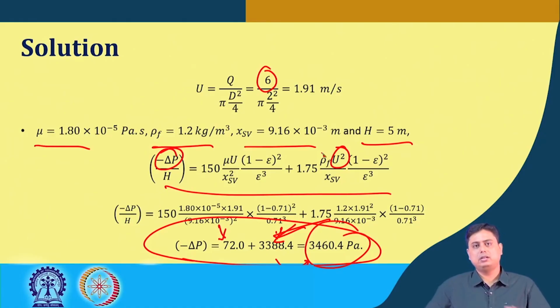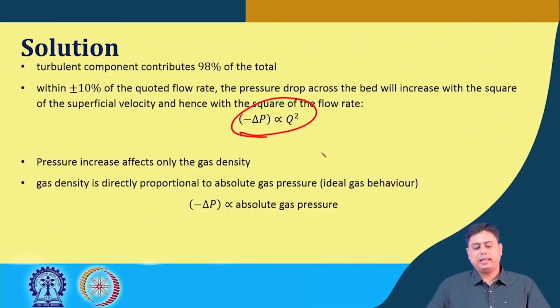If rho f decreases, this del P will decrease. So, it is a proportionate relation, linearly proportional in this case. The gas density is directly proportional to the absolute gas pressure. Okay, the ideal gas behavior, if we assume the gas will behave ideally. So, this is the assumption we make, that this air that is flowing will behave as an ideal gas, and then we have this relation that it will be changing proportionately.